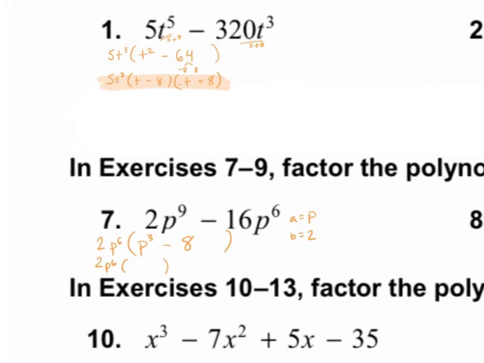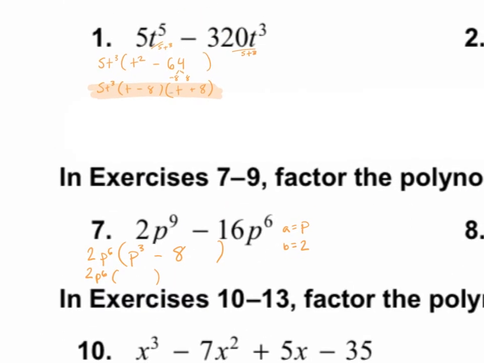Our formula when subtracting cubes, I'll write it here for you guys: a minus b times a squared plus ab plus b squared. So this is when we have a cubed minus b cubed. It's a different formula when adding your cubes.